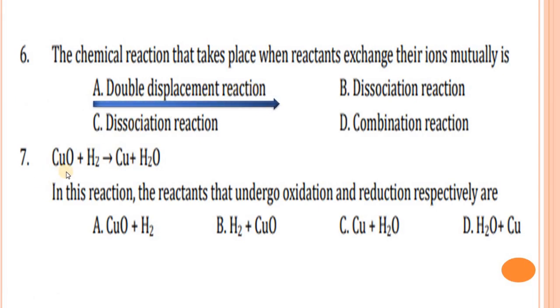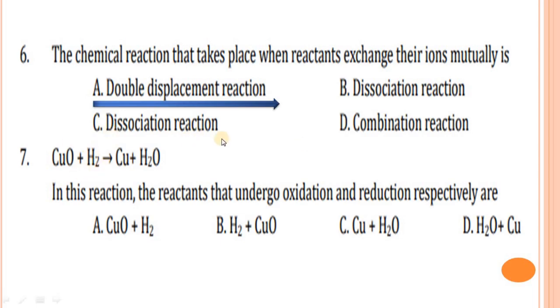Question number 7. CuO, that is copper oxide, reacts with hydrogen gas and gives Cu plus H2O. The question is, in this reaction, the reactants that undergo oxidation and reduction respectively are. As you know, in oxidation, an element gains oxygen. In reduction, a compound loses oxygen.